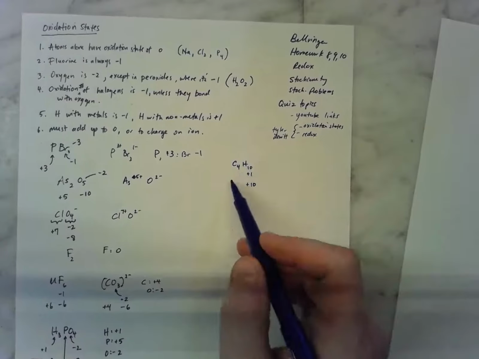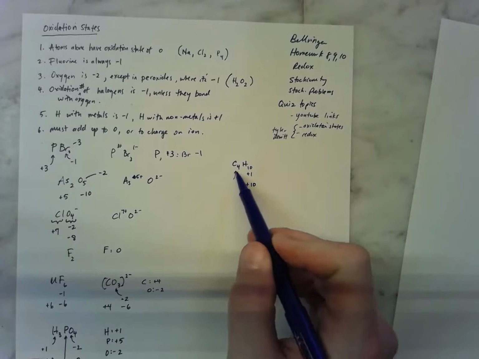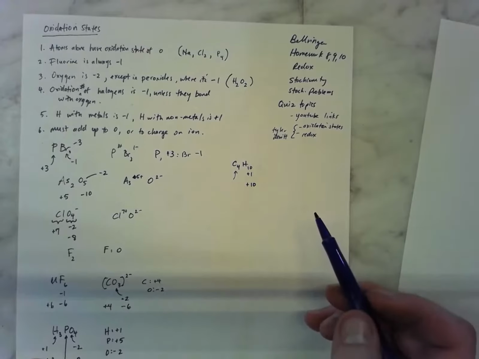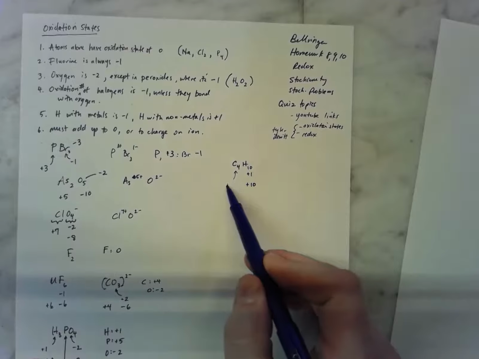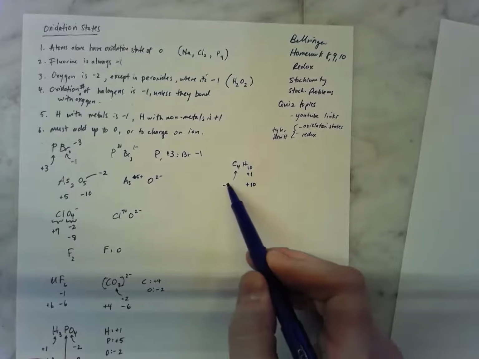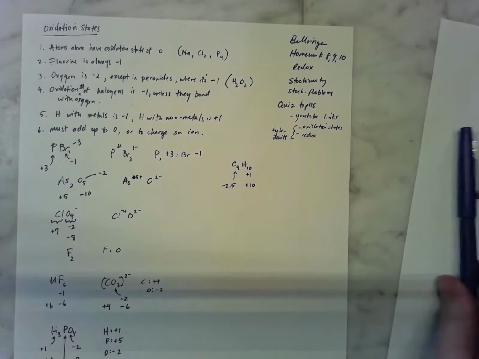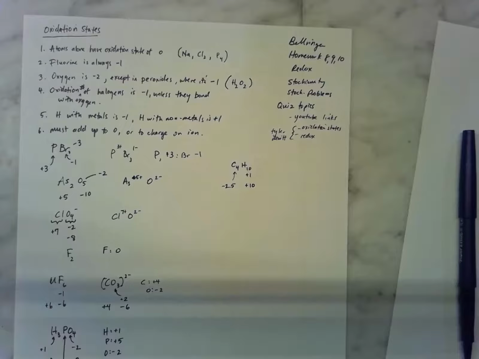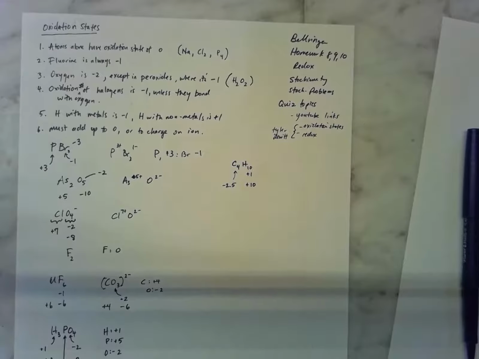And then what does that mean here? It means we've got to have 4 of those.